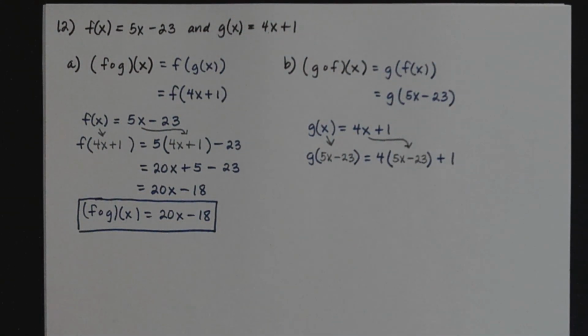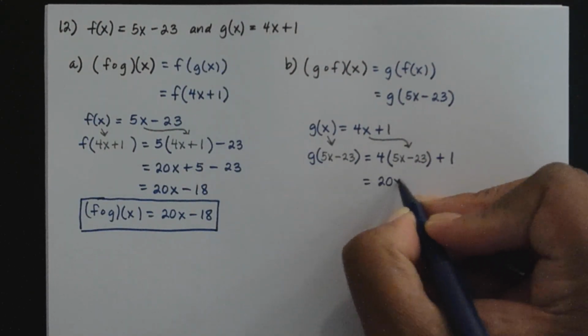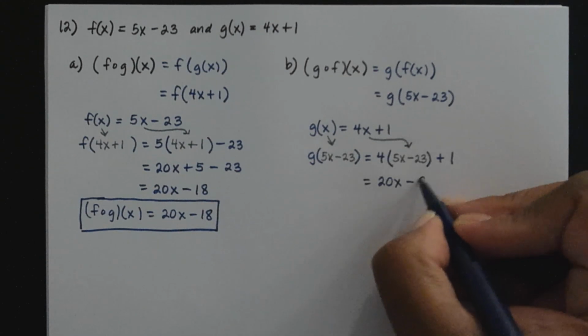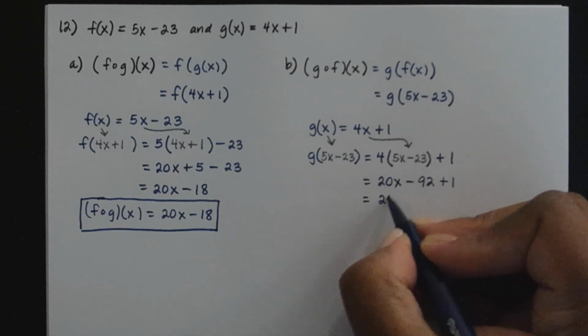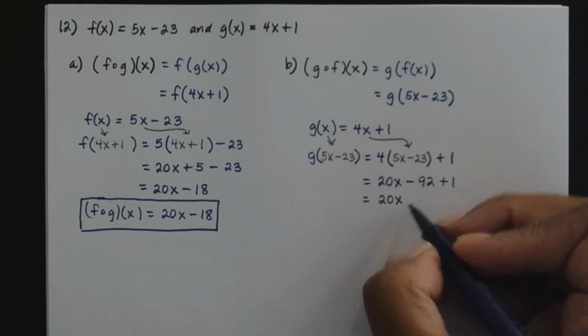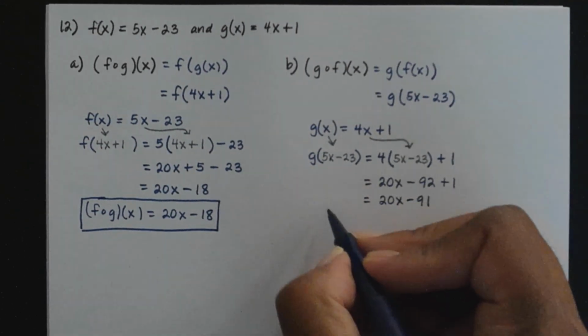Okay, so now let's simplify the right-hand side. If I distribute the 4 over the 5x minus 23, what would I get? 20x minus 92. And then 20x minus 92 plus 1 would be negative 91.